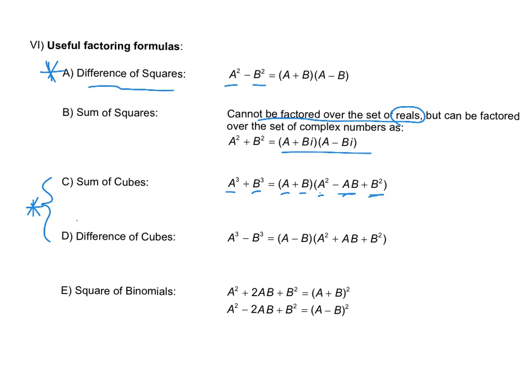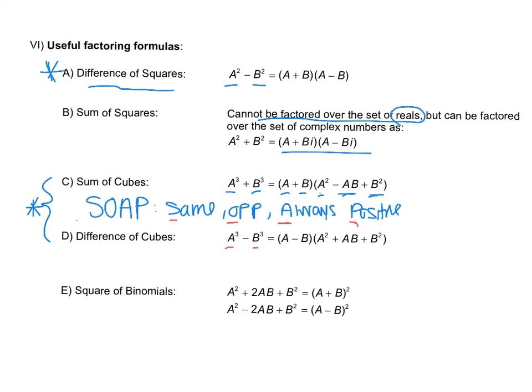And then again, apply SOAP, which is same, opposite, always positive. So that's the acronym SOAP and what that means. All right, same with difference of cubes. What are you cubing? Same pattern, you just change the signs.